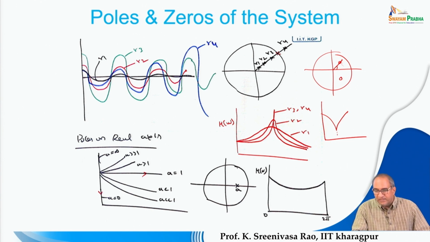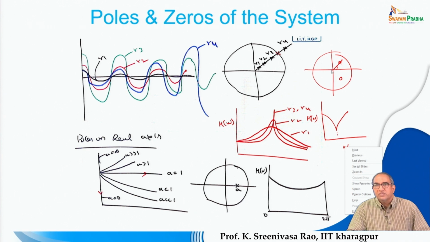So, if you analyze H of omega or H of z for a given pair of zeros, you can see the response will be something like this, whereas with poles, at a particular frequency the system response peaks up or is maximized, and at the zero locations the system response is pulled towards zero.